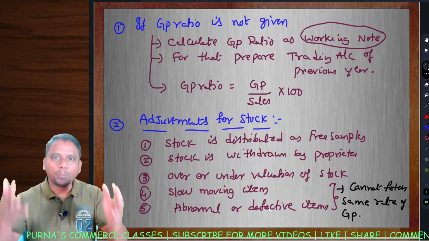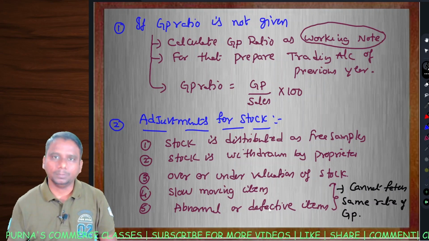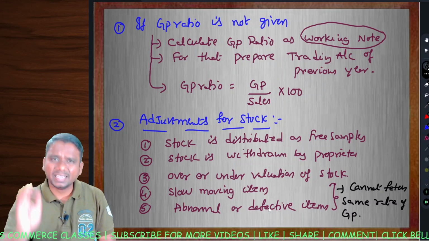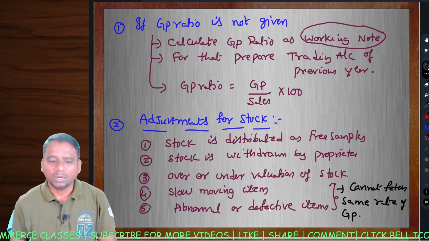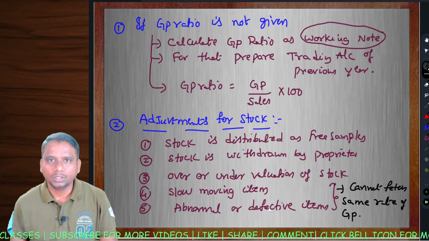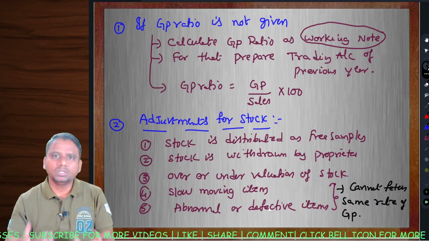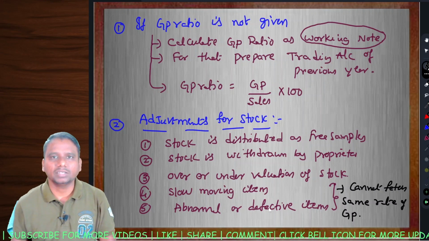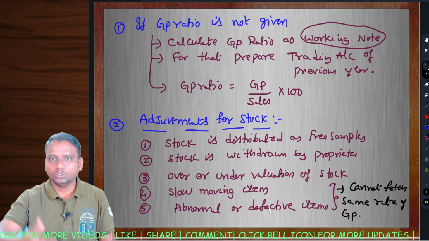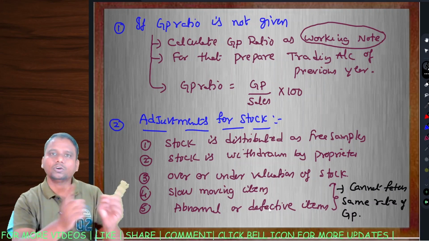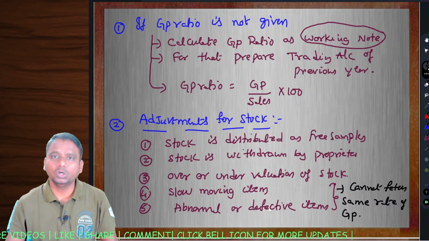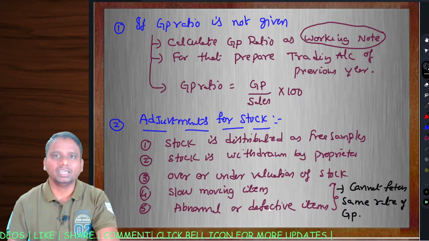So these are the possibilities of twisting the problem. One, if direct information is given, then okay, anybody can solve the problem. But if direct information is not given, some information is missing. So what are the possibilities? First, the GP ratio can be missing. In that case, do prepare a working note: prepare the trading account of the previous year, calculate gross profit, from that calculate the GP ratio, and apply this GP ratio in the current problem.